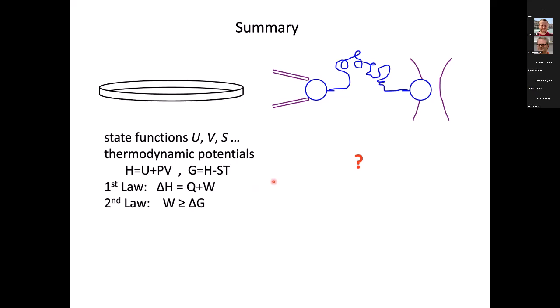And the question at the heart of this field of strong coupling thermodynamics is, to what extent can we replicate this structure for nanoscale systems without having to introduce correction terms that account for the fact that in the nanoscale context, the coupling between system and environment is strong?